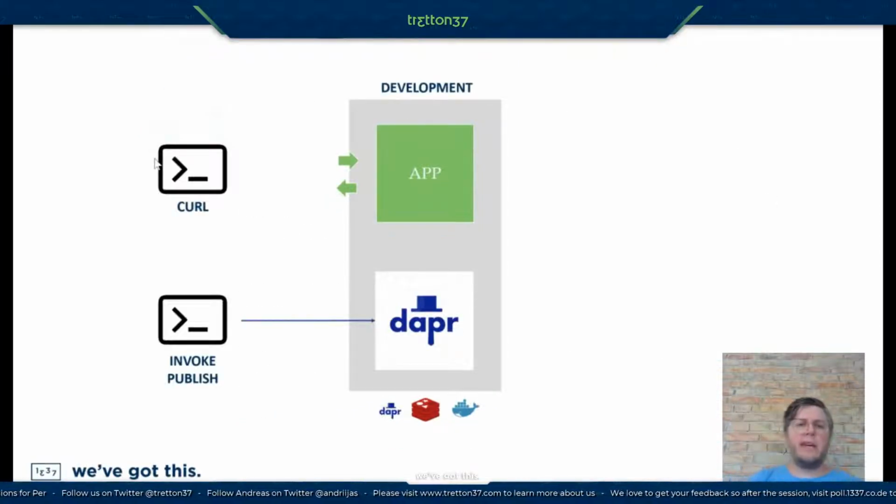So this could be a case, you're developing an application, you're using the Dapr sidecar, and you're running this locally. Now you're running Dapr, and you're running Redis, and you're running this through Docker containers. You could now use things like curl to talk to your application using any protocol that the application exposes, but you could also utilize Dapr CLI and now invoke services and publish messages, directly invoking things in the sidecar and testing out your application from the sidecar perspective.